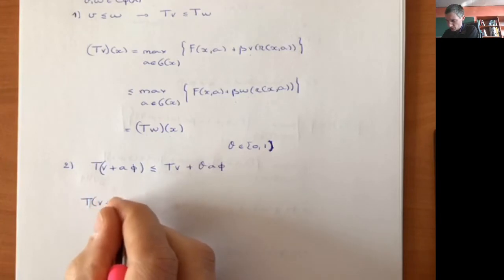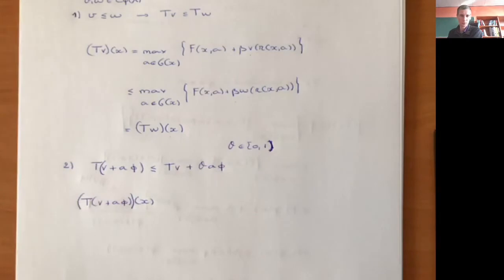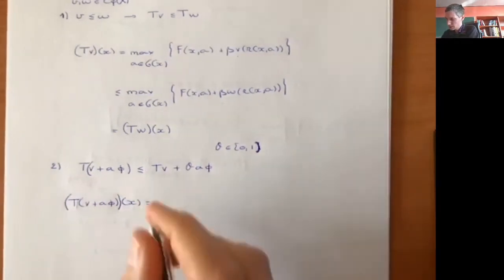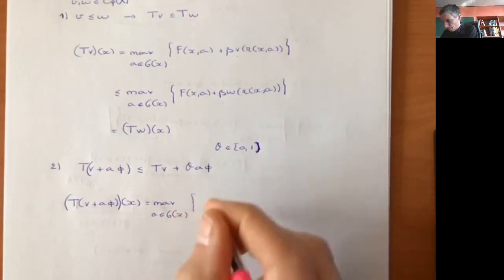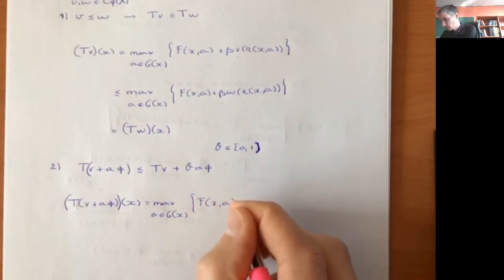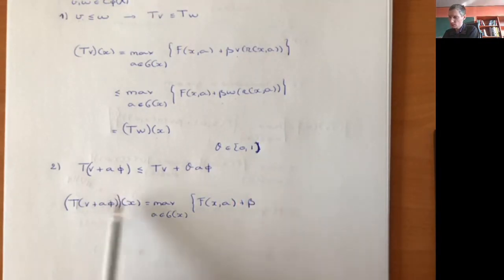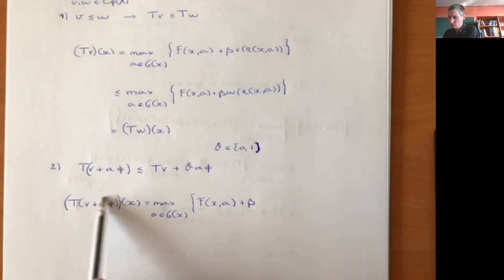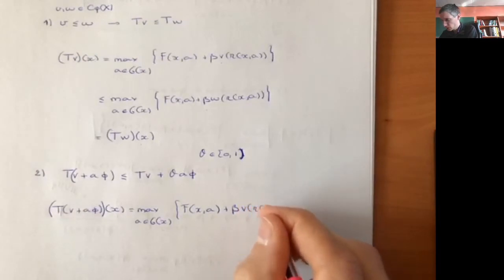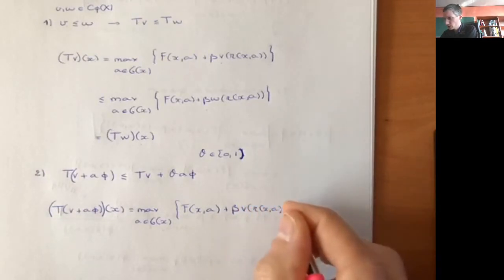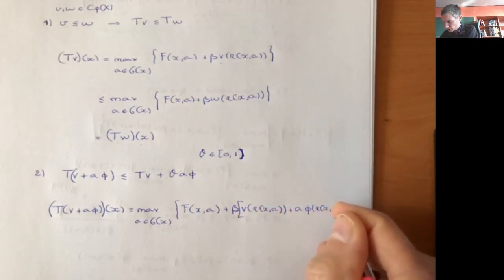T of v plus a psi at some point x. It's written with a lot of brackets here. So what's this? This is the maximum over a in g of x of f x a plus beta, and there should be v here, but we're taking the mapping not of v, but of this function here. So this is v r x a plus a psi r x a.